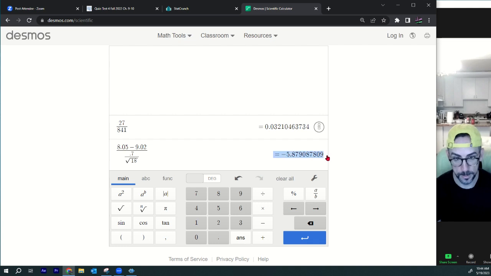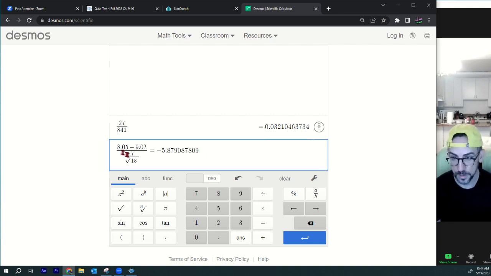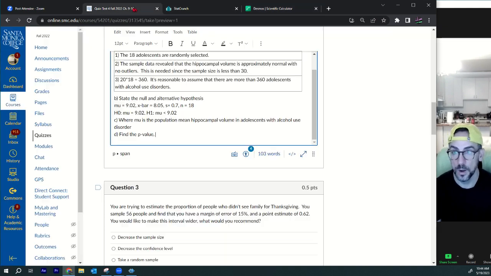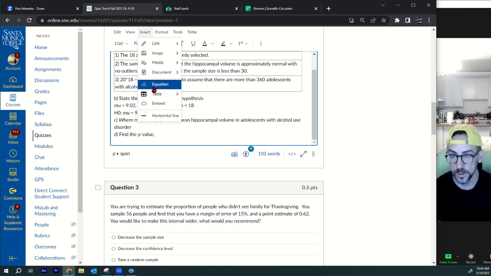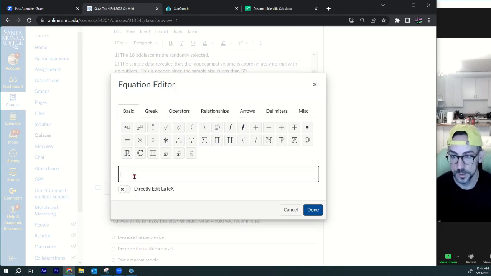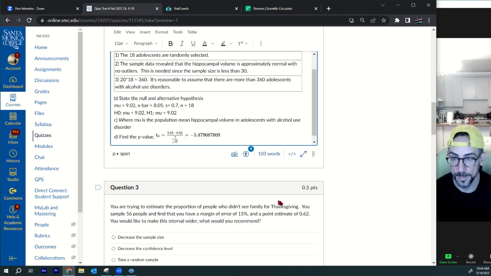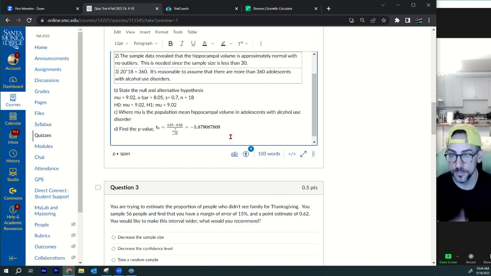There's our t naught. Control C. Now when you paste this, you have to use the equation editor. Equation, t subscript 0, right arrow, Control V. Oops, I guess I need an equal sign here. Okay. There's our t.